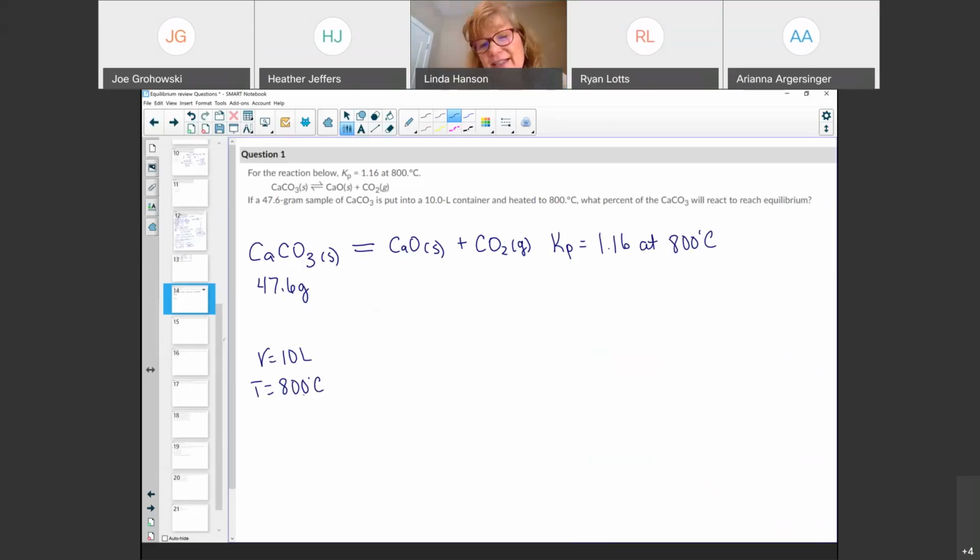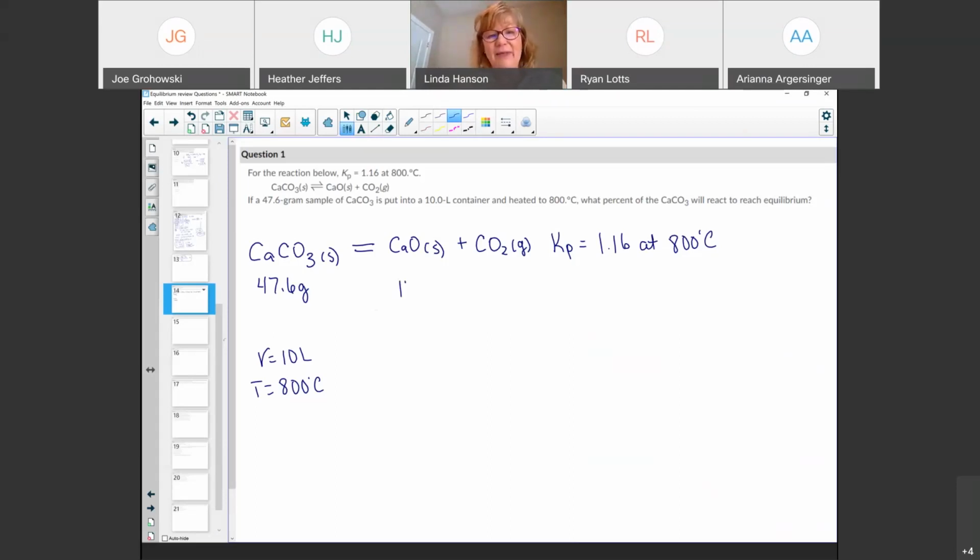Now this one I selected because it brings us back all kinds of review with the ideal gas equation, our good old friend PV equals nRT. And let's process what information we're given. I have a dynamic equilibrium and a Kp value.